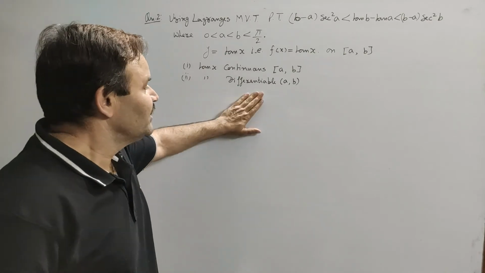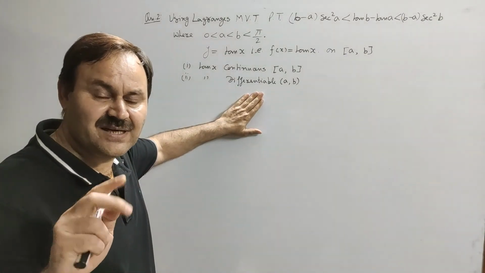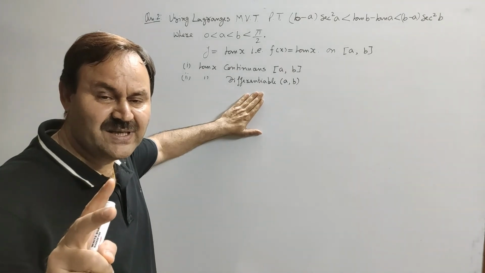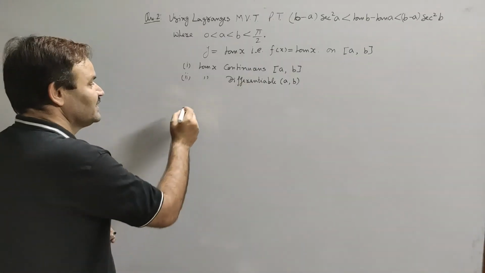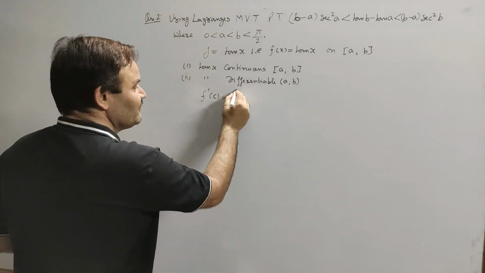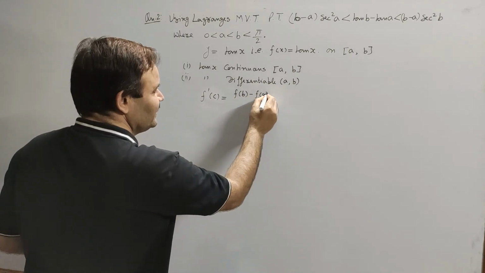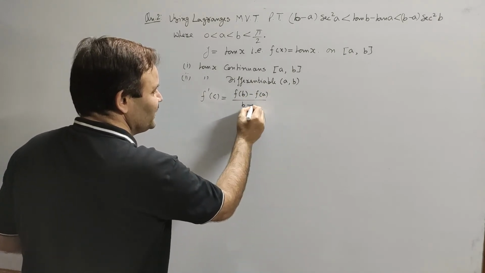Now we will find a value c lying between a and b, for which f dash c will be equal to f b minus f a upon b minus a.